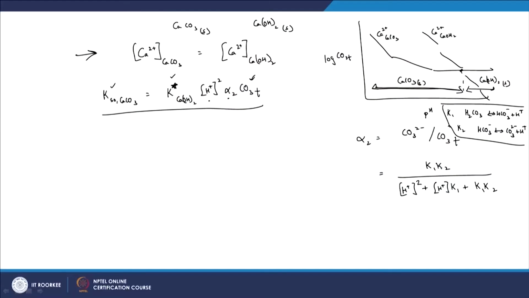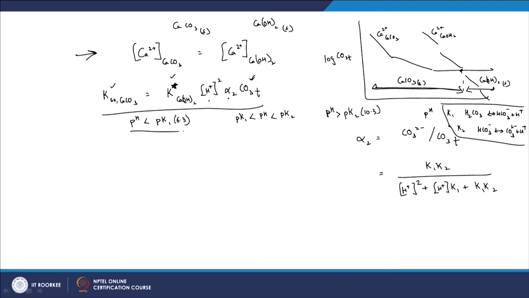Now I am going to look at 3 cases. The 3 cases are when pH is less than pK1, and we know pK1 is 6.3; when the pH lies between pK1 and pK2; and the third case, when the pH is greater than pK2, and pK2 we know is around 10.3.